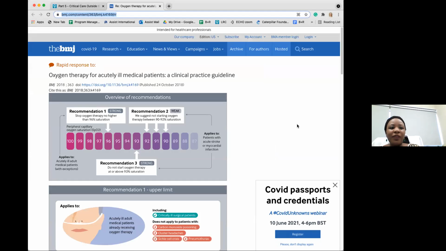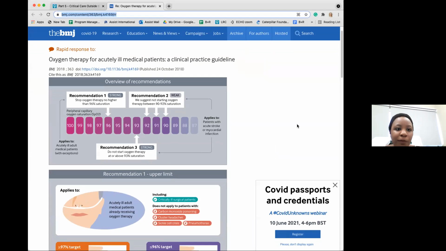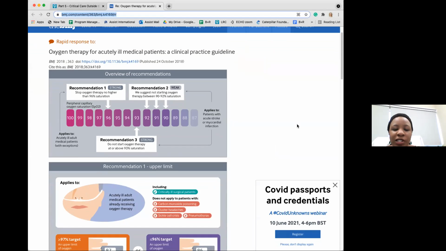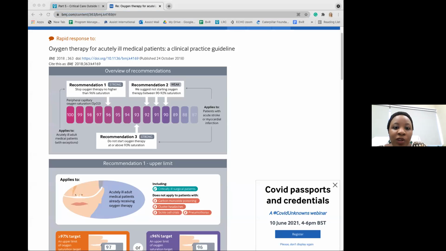Okay, so this article is from the BMJ. It talks about oxygen therapy in acutely ill medical patients. This is an analysis of several studies which has looked at the outcome of patients who have been on oxygen, so acutely ill medical patients.